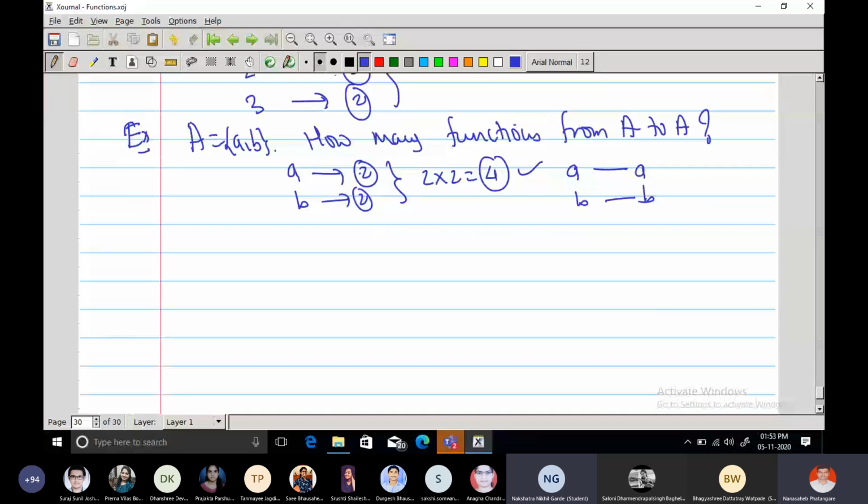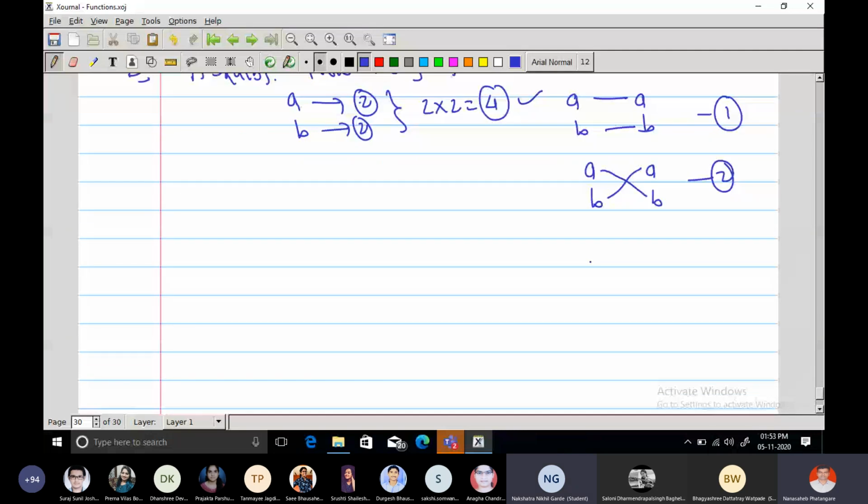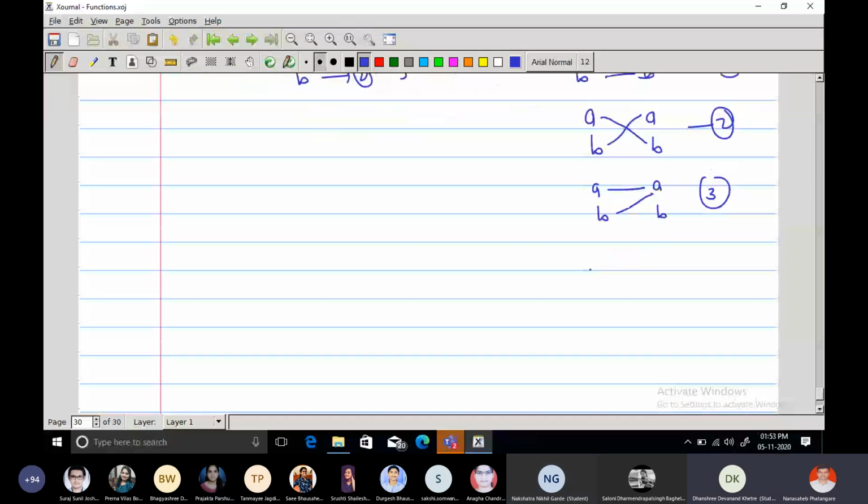This is one function. What is the second function? A to B and B to A. Right, this is the second function. What is the third function? A and B both related to A. All goes to A, right? What is the fourth function?